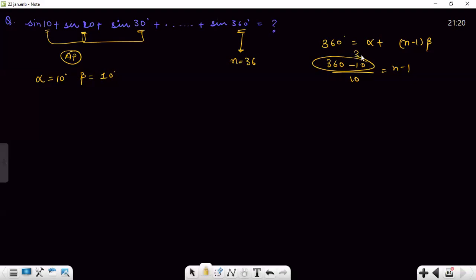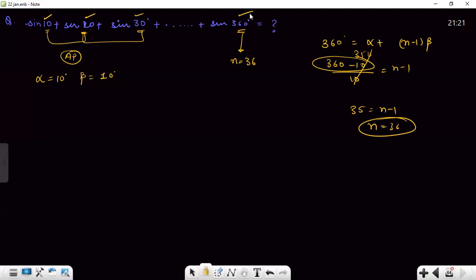This becomes 350 divided by 10, 35 is equal to n minus 1, n becomes 36. And also by observation, we can find the first term is 10, second term is 20, third is 30. So similarly, this should be the 36th term, which is the reality also.